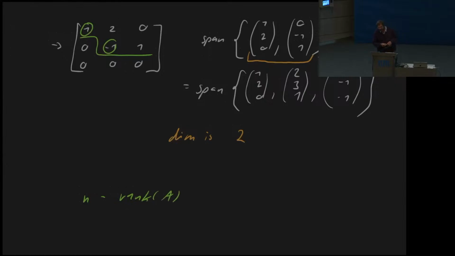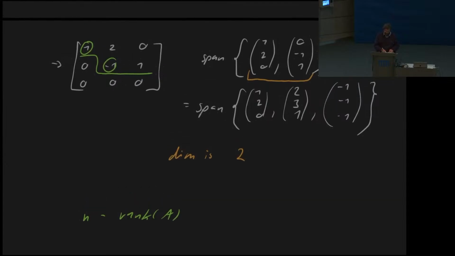And in this case, that would be 1 and not 2, right? So when is this correct and when is the other one correct? And the answer is it depends. It depends on the space that we're talking about. So in this case, we're talking about the space that is spanned by all of these rows.